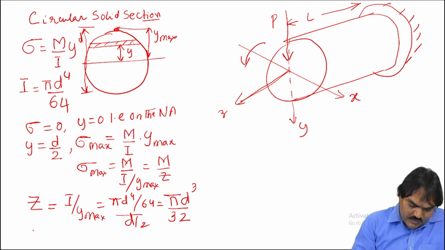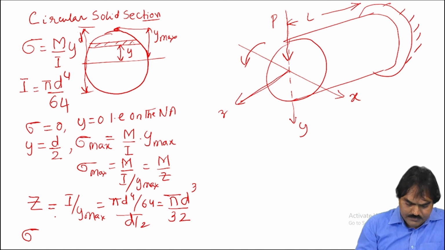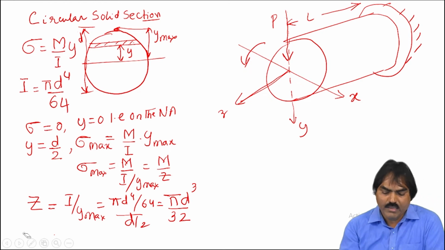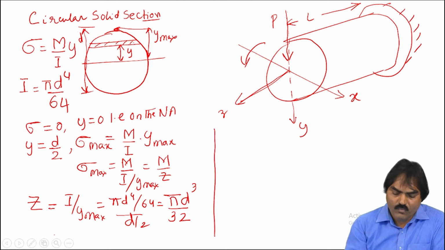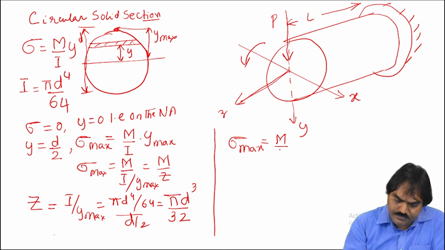So the bending stress sigma max, I'll write here, sigma max is equal to M by pi d cube by 32.